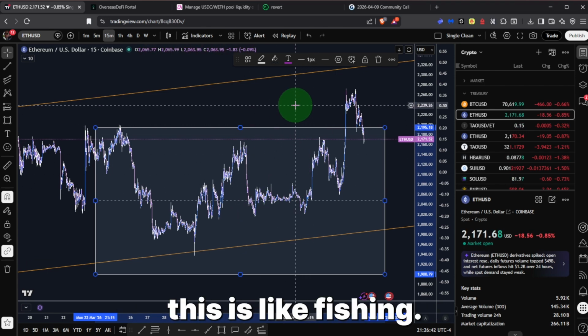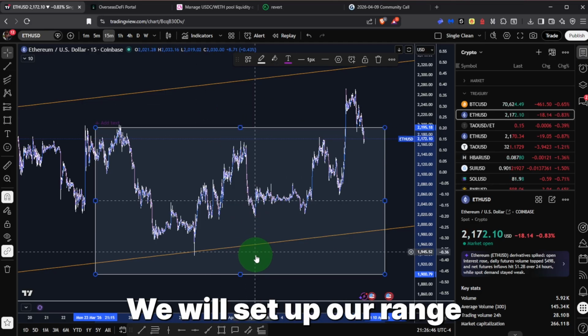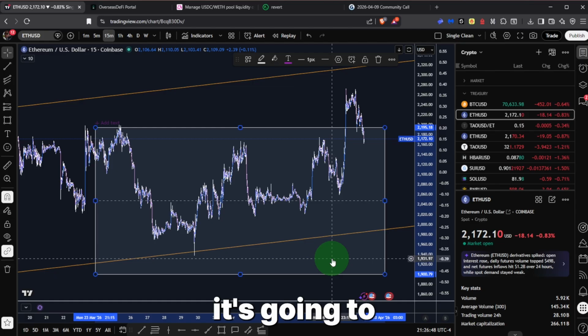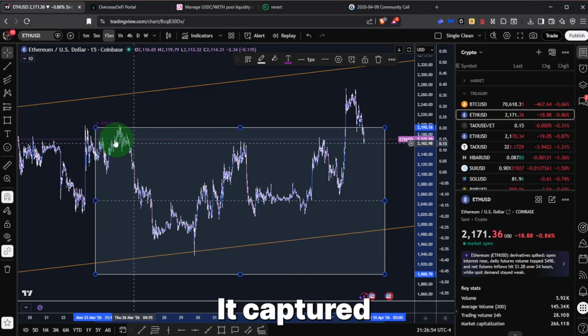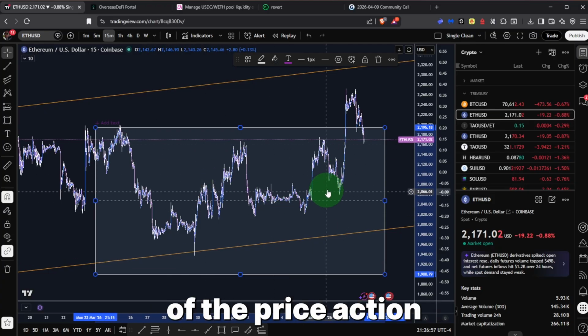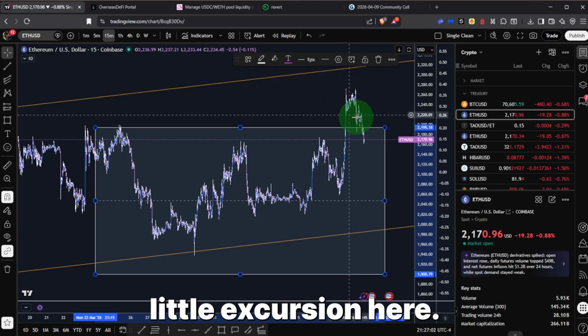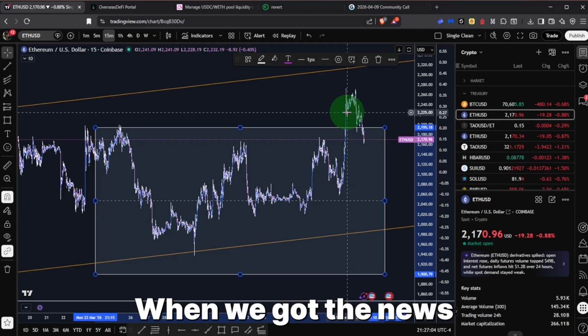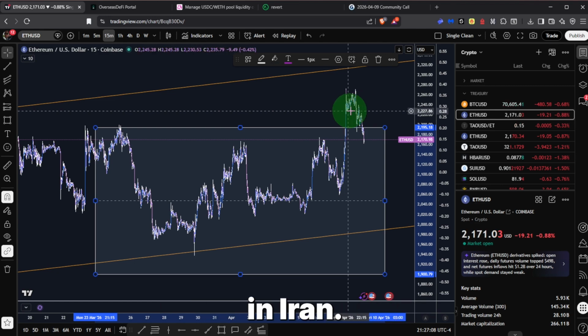Remember, this is like fishing. We want to cast our net and set up our range where we think it's going to capture the future price action. So what we see here is the range did a pretty good job. It captured almost all of the price action over the last 15 days, except for this little excursion here when we got the news last night about the ceasefire in Iran.